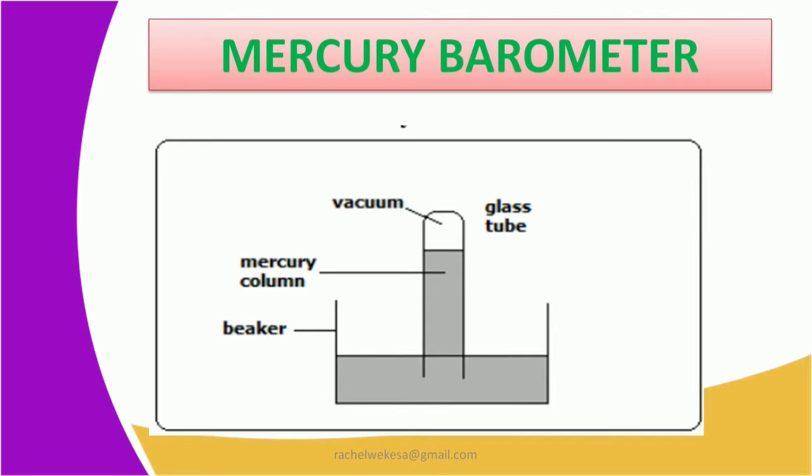When there is atmospheric pressure, the mercury inside the beaker gets pressure from the outside, and this causes the mercury to rise in the glass tube. If the mercury rises in the glass tube, it means that the pressure is high. So this is the instrument used to measure atmospheric pressure.